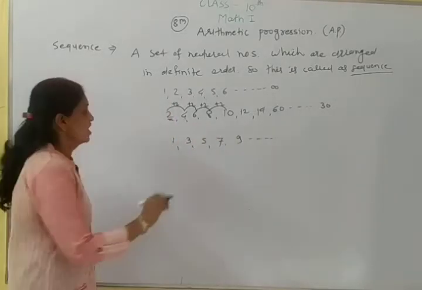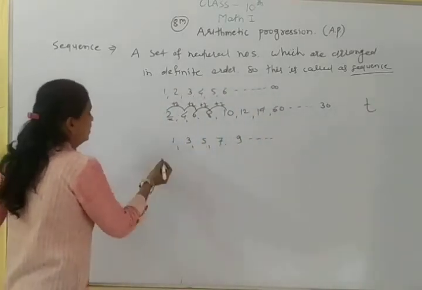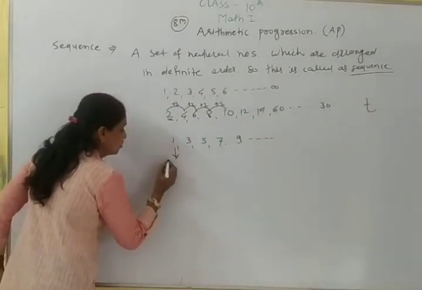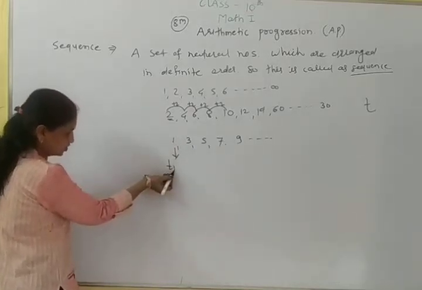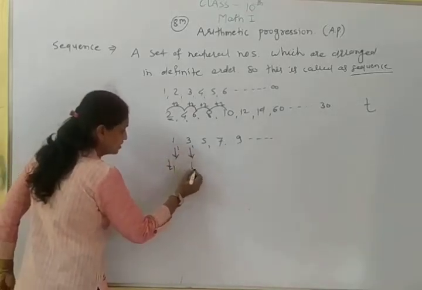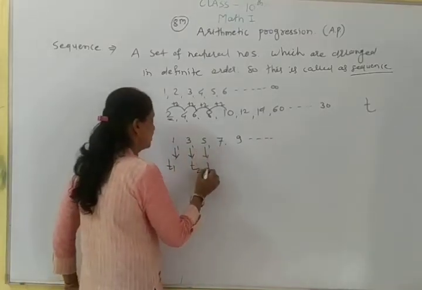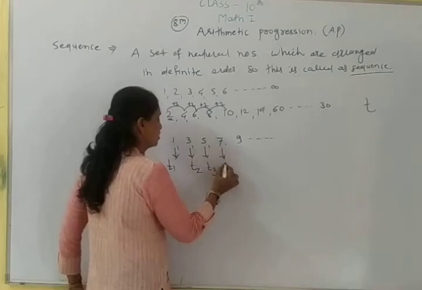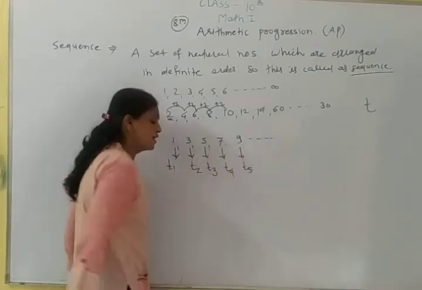Terms are denoted by T, and the first term is denoted by T1. The second term is denoted by T2, the third term by T3, the fourth term by T4, the fifth term by T5.